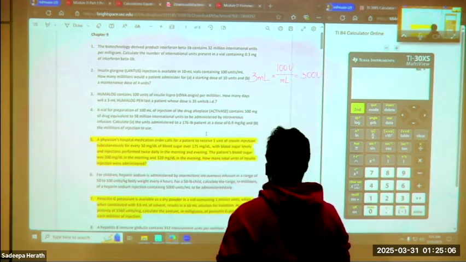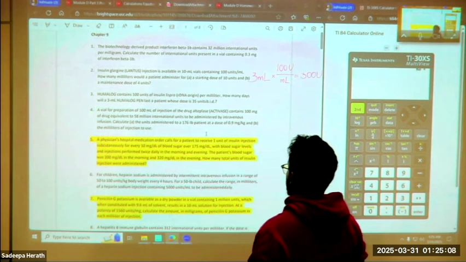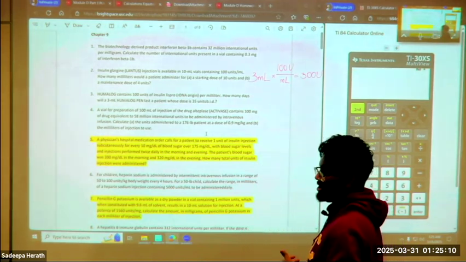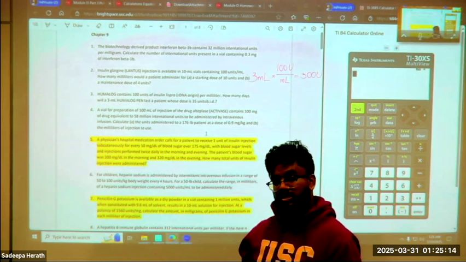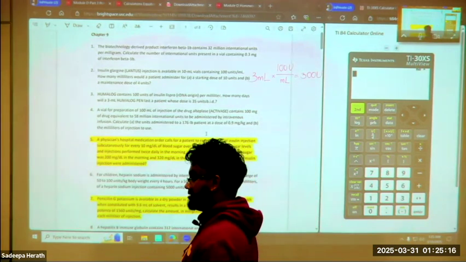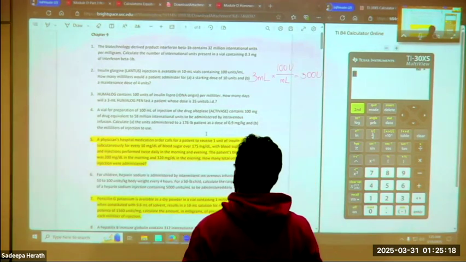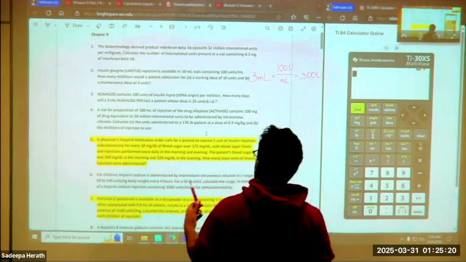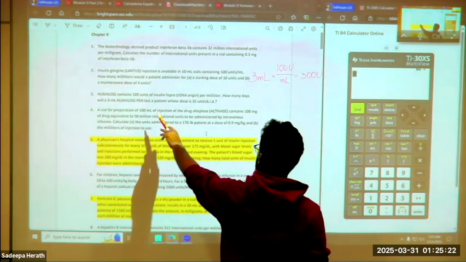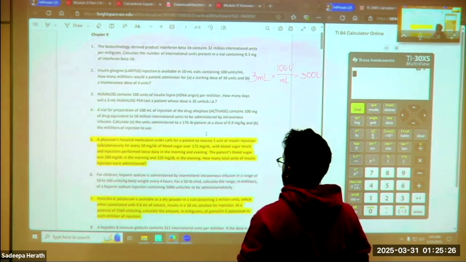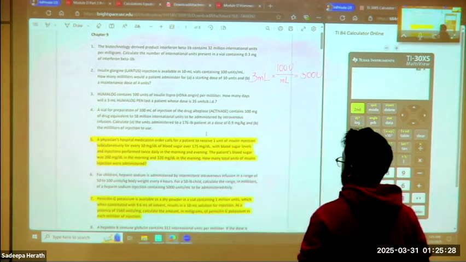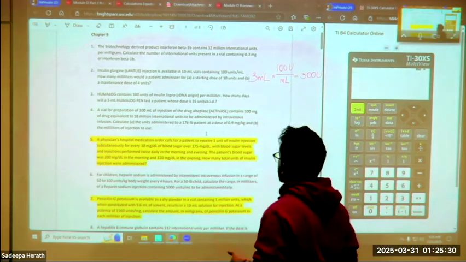Okay, so we know how much is available, and we now need to find out how much this person is taking per day, and by that we can find out how many days this person has available. Our sig: dose is 35 units BID, so 35 units twice a day. That's 70 units per day.